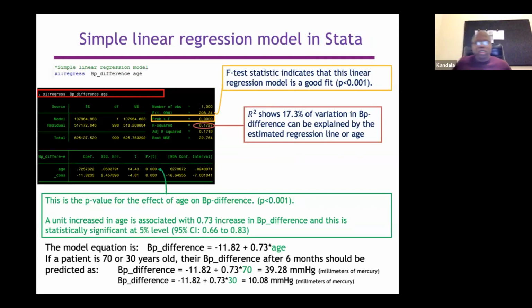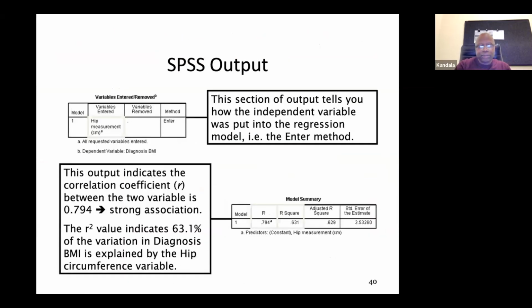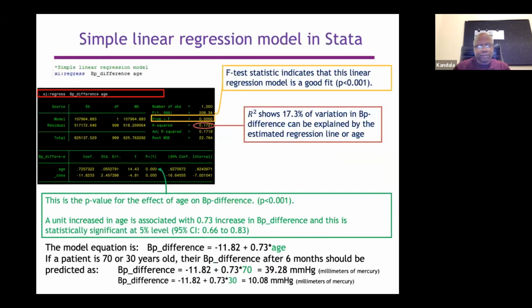So the p-value is there, as indicated there, this is for age. After you have assessed the model in general, the model fit, you can also move to the coefficient, the age, the independent variable of your regression analysis.